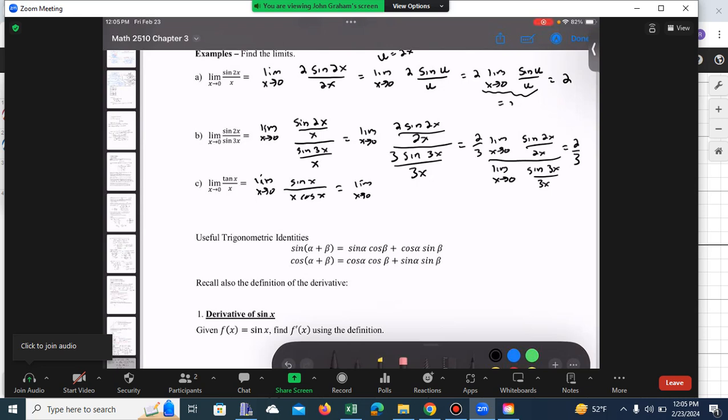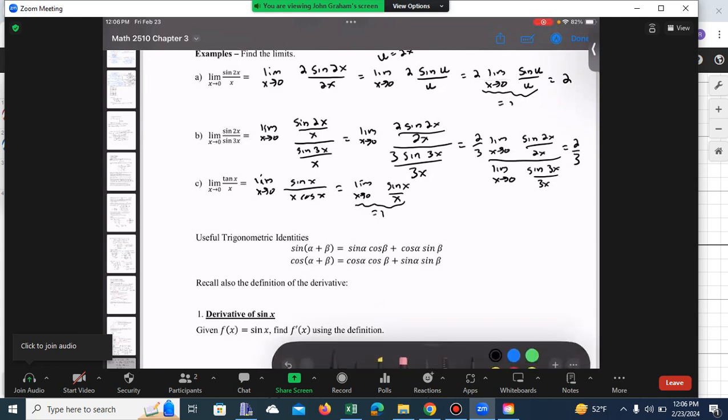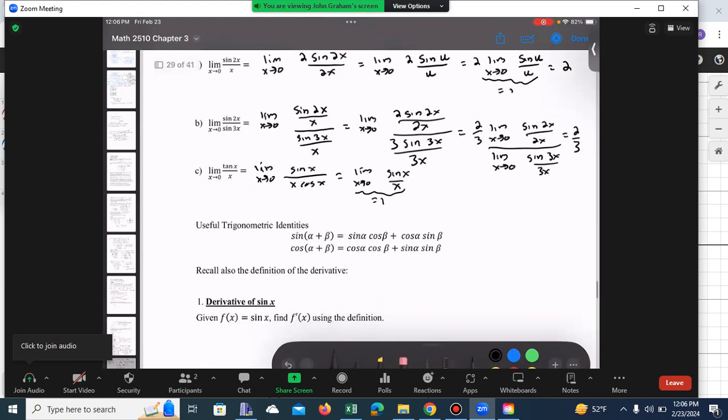We have the limit as x goes to 0 of sine x over x. That is just equal to 1. And then you'll have the limit as x goes to 0 of 1 over cosine x, and that is just going to be equal to 1. So you'll have both equal to 1, so the whole thing is going to be equal to 1.